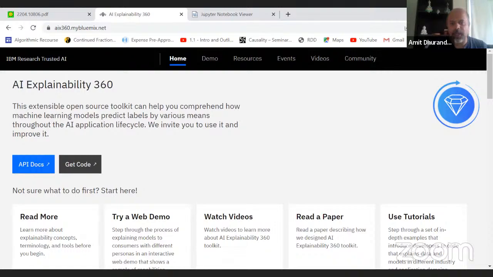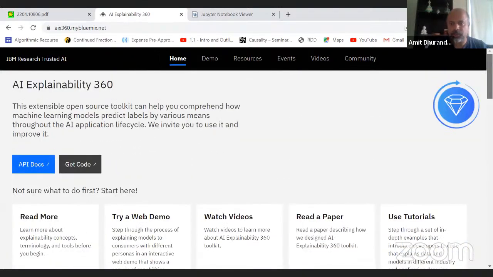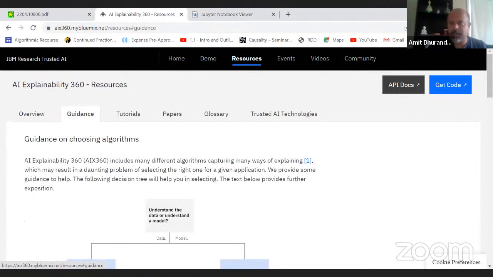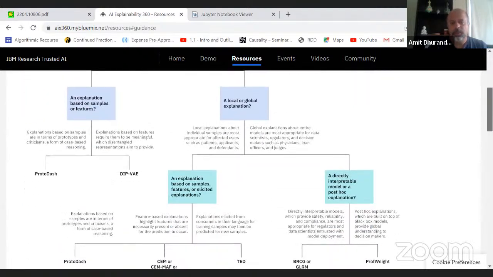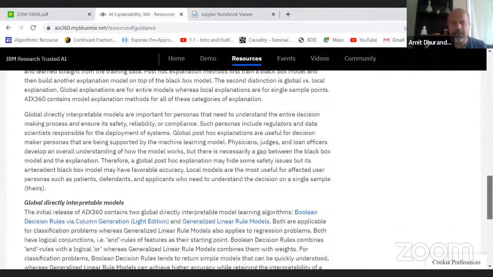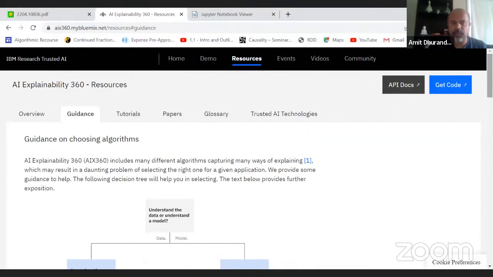But we also have created this website with a lot more information, for educational purposes also, so that people can read about and get more familiar with this whole space. So we have resources: there's an overview of this space and other toolkits, and then some guidance, like the tree I showed you, with a bunch of explanations for different things and different categories for what they mean.